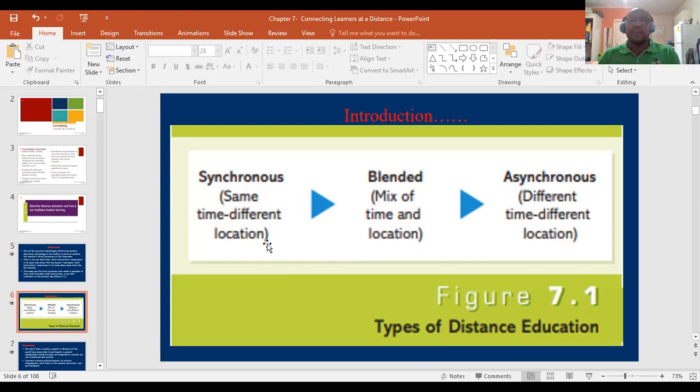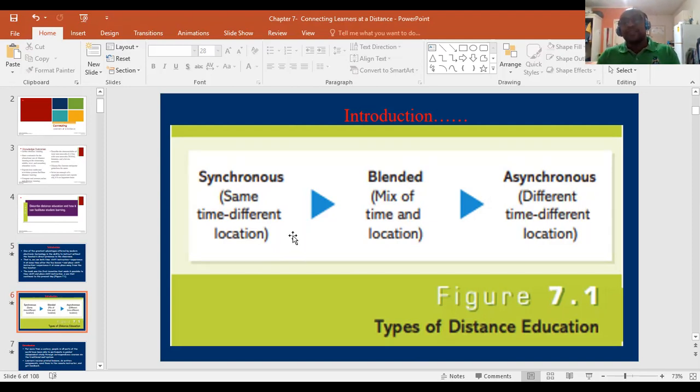Like what we are doing now. I'm right here in Jamaica, you're in Zambia, and even within Zambia, others are in Lusaka, others are in Choma, others are in Siavonga. Even if the time differences are there, we are able to interact at a specific time. That is what we mean by synchronous instruction. Same time, people being in different locations.